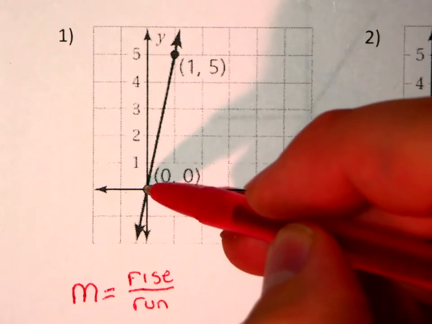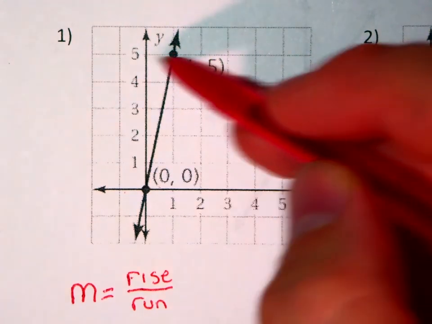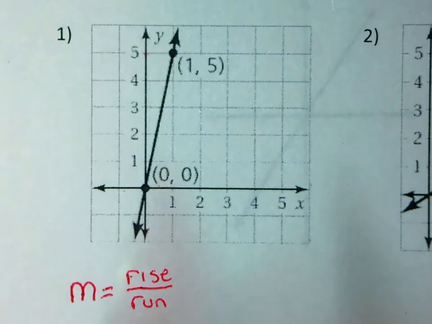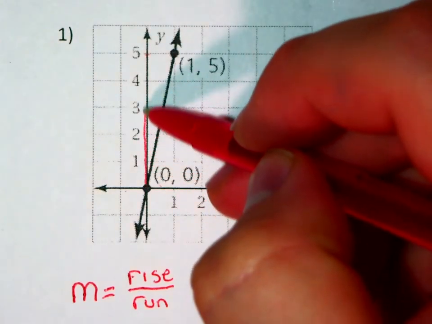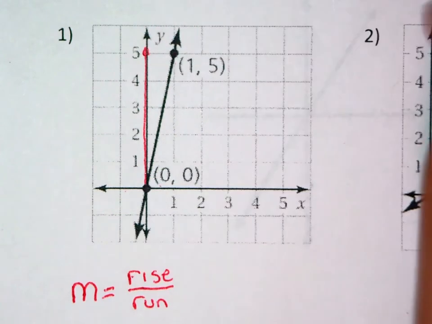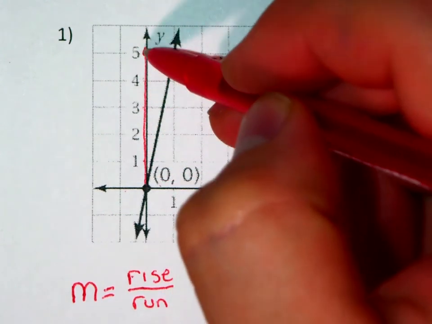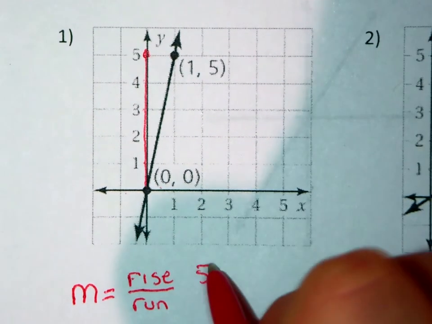So we're going to rise from our furthest point on the left up until we reach an equivalent elevation to our next point on the line. So going straight up, since this is on the y-axis, I'm going to continue straight up. Well, it stops right there. That went up 1, 2, 3, 4, 5 units. So my rise is 5.